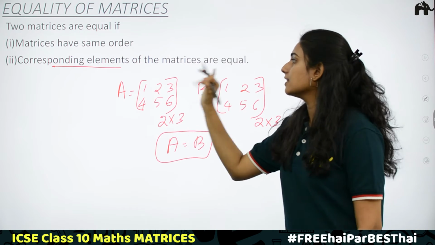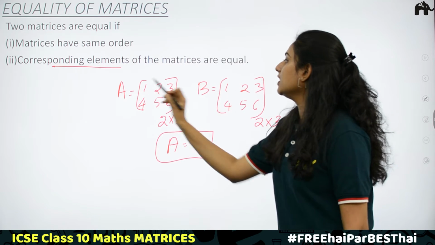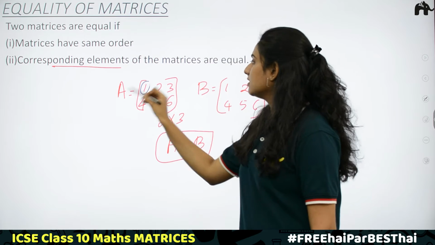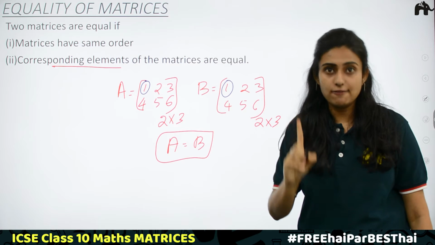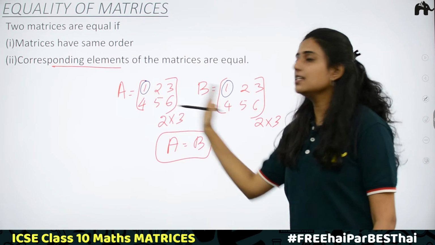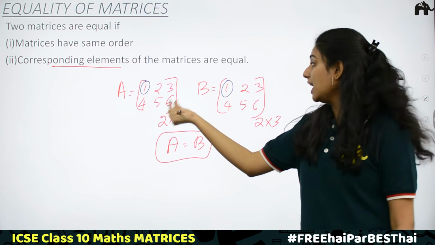Okay. Here, two conditions. First, check the order and second thing, check the elements. Here, the first element. This is our first element. Here it is 1. In B, in this position, we should have 1. Only then, these two matrices can be equal. If at least one element becomes different.